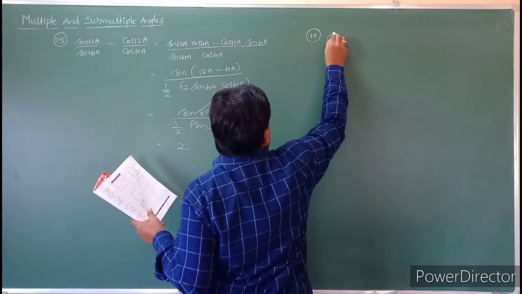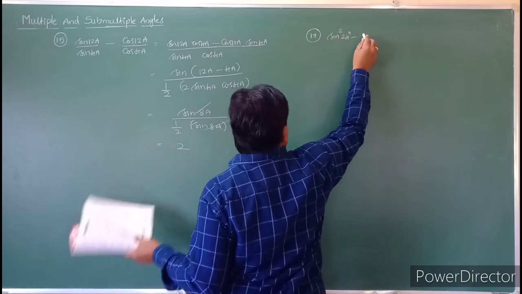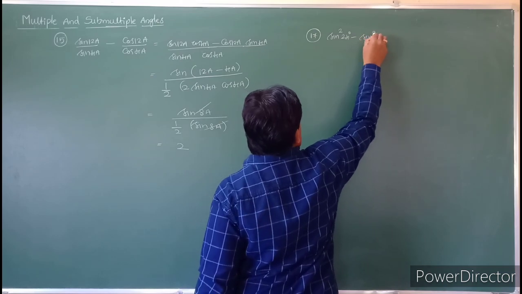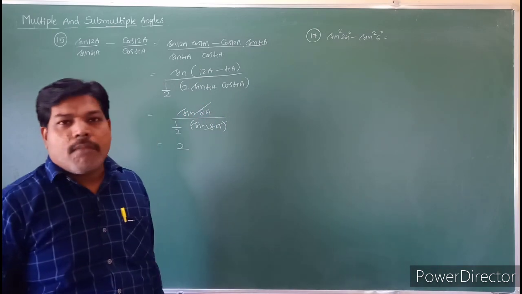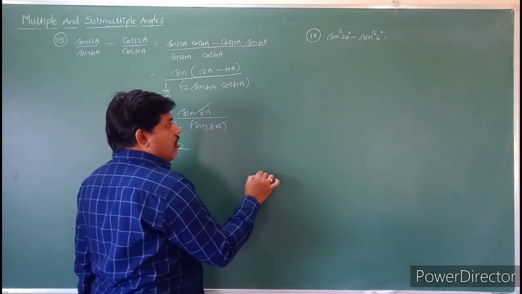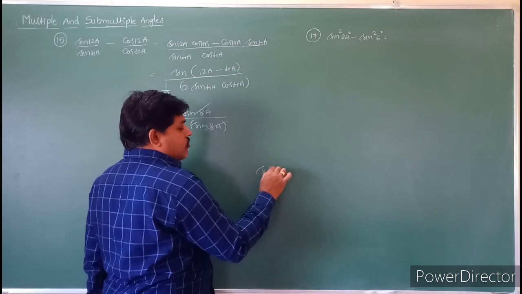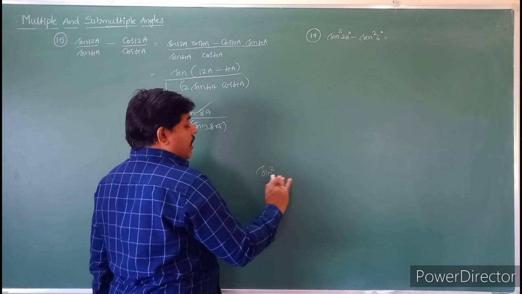Sin square 24 degrees minus sin square 6 degrees. So what is the formula? Already you know that formula.